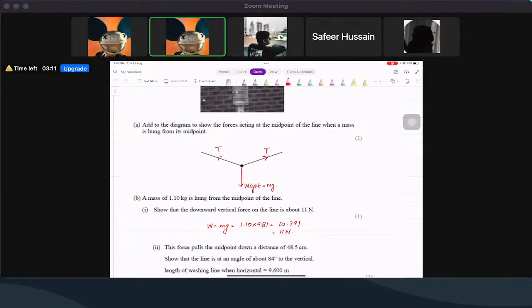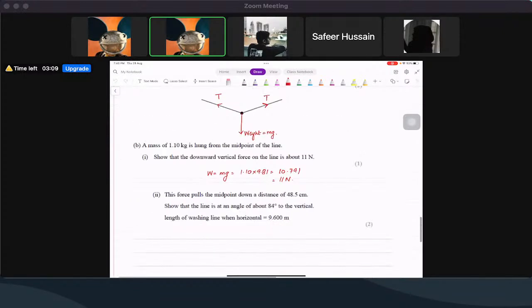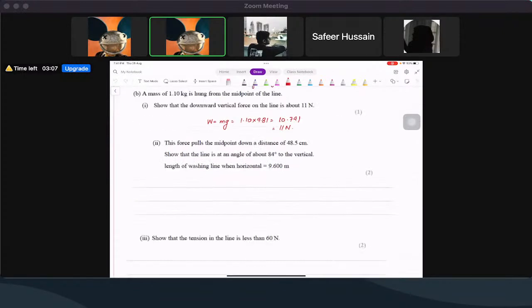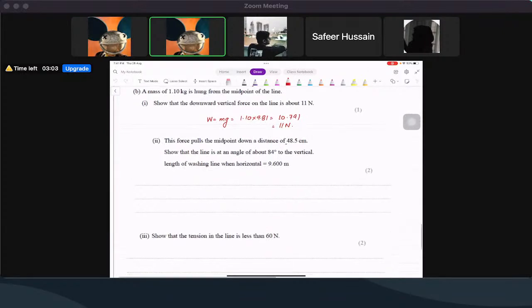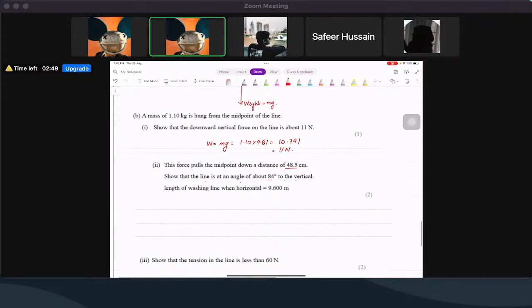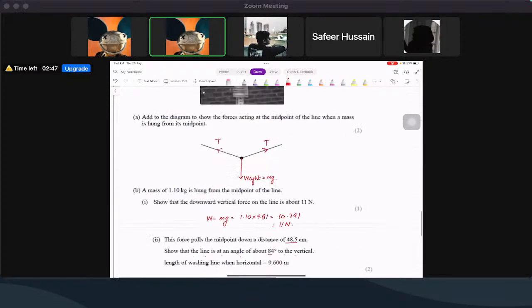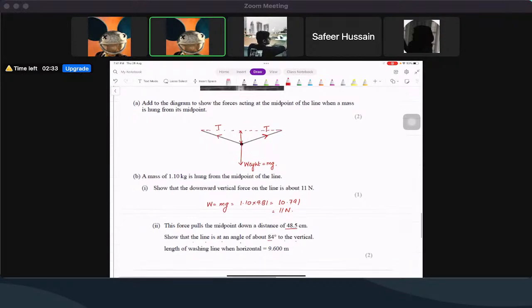Okay, now the next part, it says this force pulls the midpoint down a distance of 48.5 centimeters. Show that the line is at an angle of 84 degrees to the vertical, and the length is also given. So let me now draw this. If you look at this line that they have shown, initially it was a horizontal line, and with that it is being pulled to a distance of 48.5 centimeters.